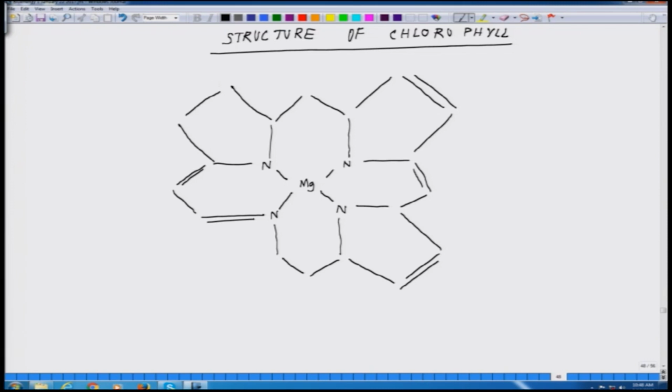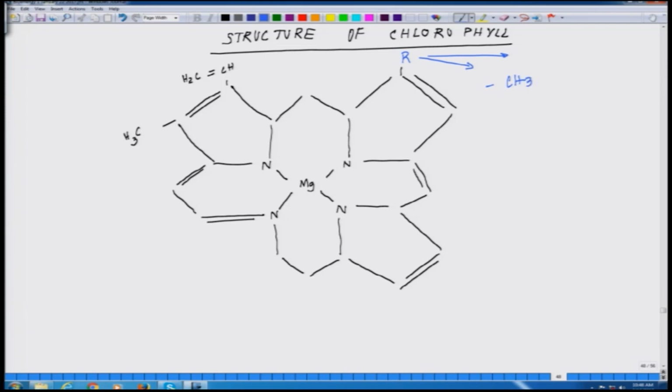And in this corner you will see a CH and a methyl group present here, another methyl group present here, and there is something called an R. That R essentially stands for two situations.